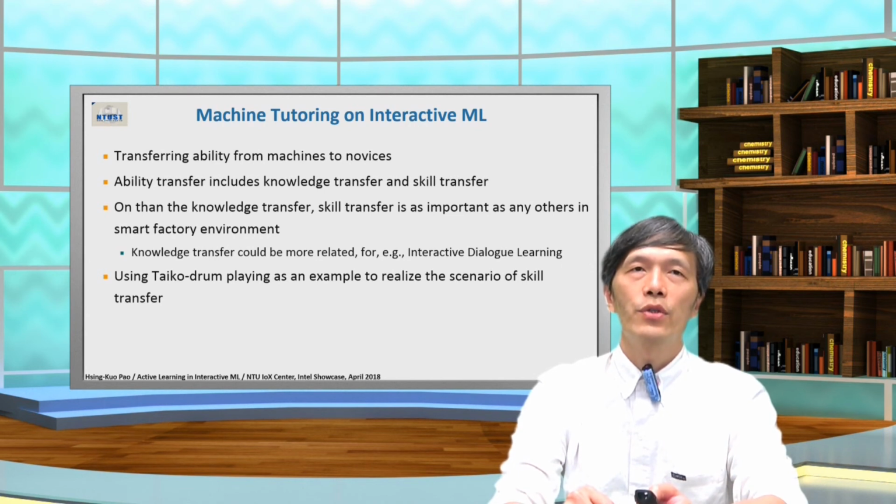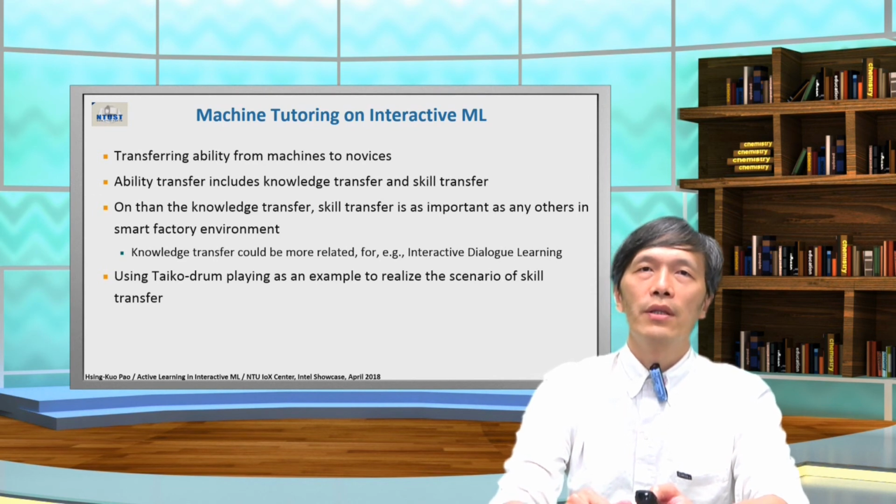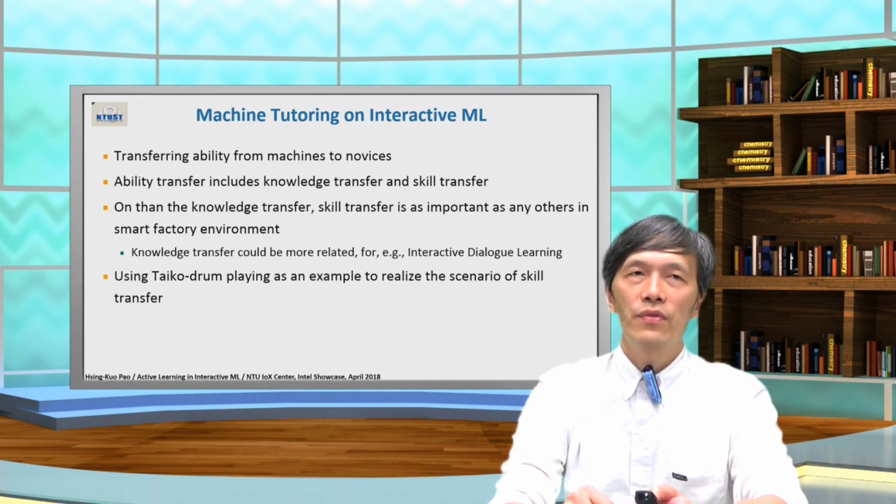How do we transfer? The ability transfer may include knowledge transfer or skill transfer. Other than knowledge transfer, skill transfer is just as important in a smart factory environment.